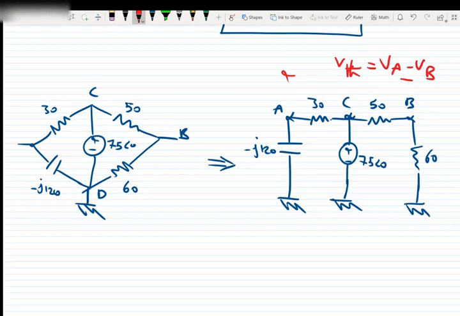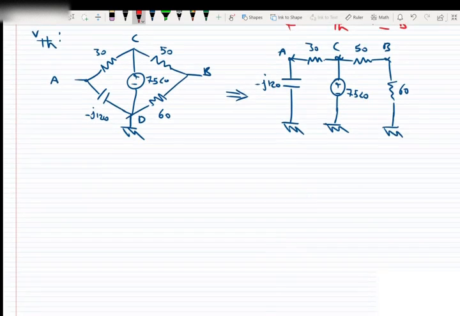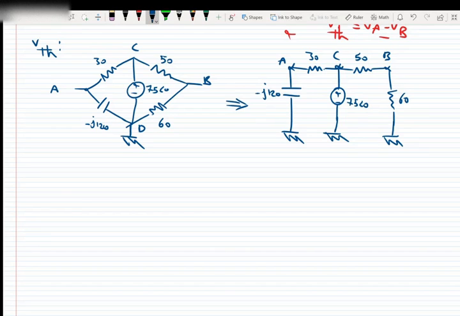So we need to find VA and VB and subtract them to have V Thevenin, because we know that Thevenin voltage is the voltage across VA and VB. Now that we reach this point, let's write the equations.